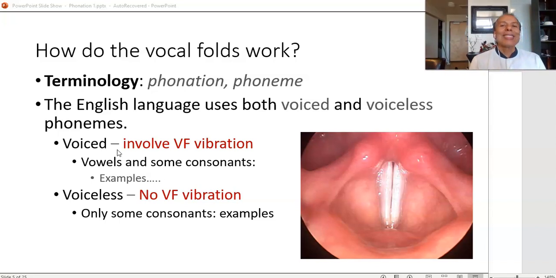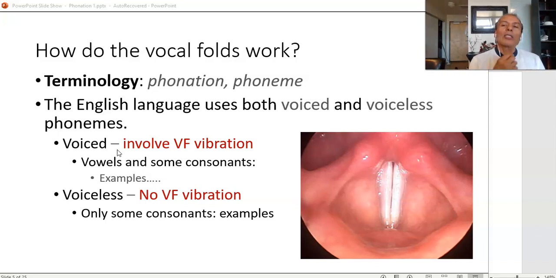Say S, and now say it and hold your larynx and say S. You are not going to feel anything. You shouldn't feel any movement or vibration in your larynx, because the sound is coming from contact between the tongue tip and the space called the alveolar ridge.